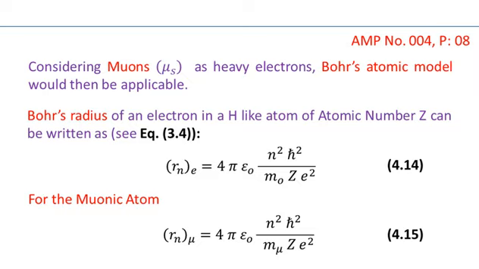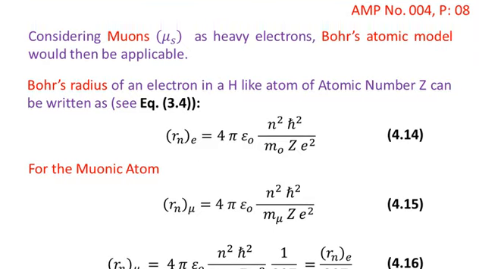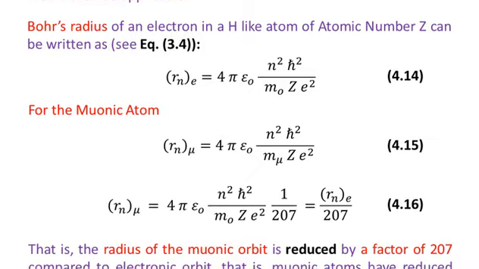Now for the muonic atoms, we need to replace the mass of the electron by the mass of the muon, as shown in equation 15. M naught has been replaced by M mu, and on the left hand side I have also changed Rn with the subscript mu, since I am talking about the nth orbit of the muonic atom.